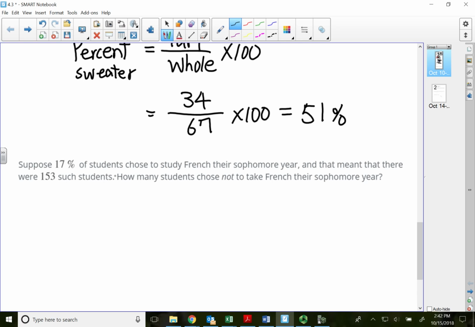Suppose 17% of students choose to study French in their sophomore year, and that meant that there were 153 such students. So what it's saying is the 17% who study French in their sophomore year is 153 students.